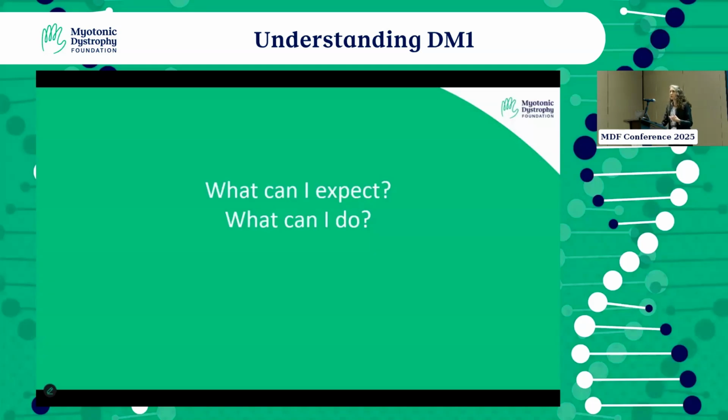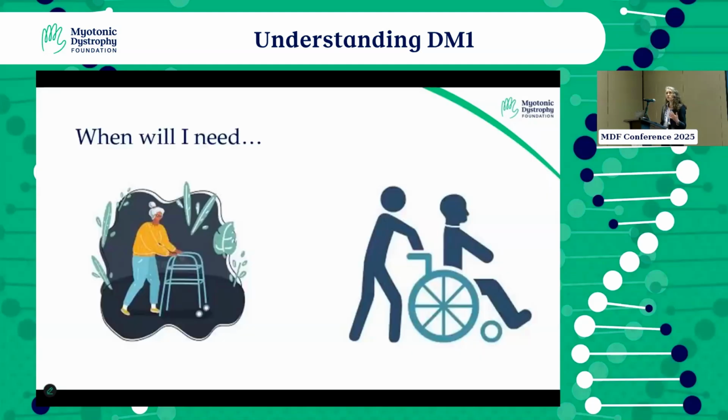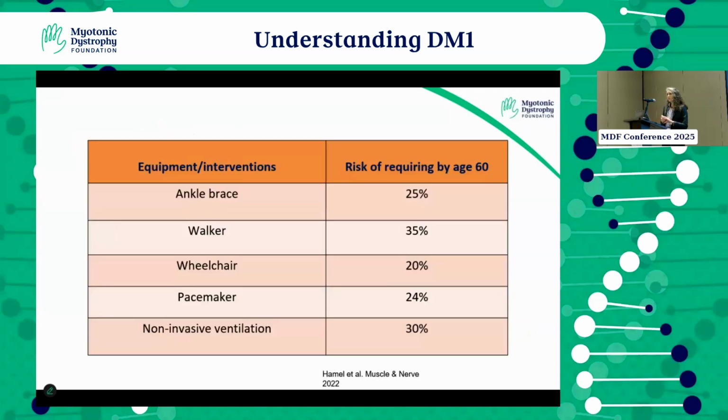Patients often ask us, what can I expect with this disease, or what can I do about it? Also, questions come up, when will I need to use a walker or start using a wheelchair? So the University of Rochester has a registry for patients with DM1, and they send out surveys on a yearly basis. And part of that survey was to assess at what age do people need a certain intervention or a piece of equipment.